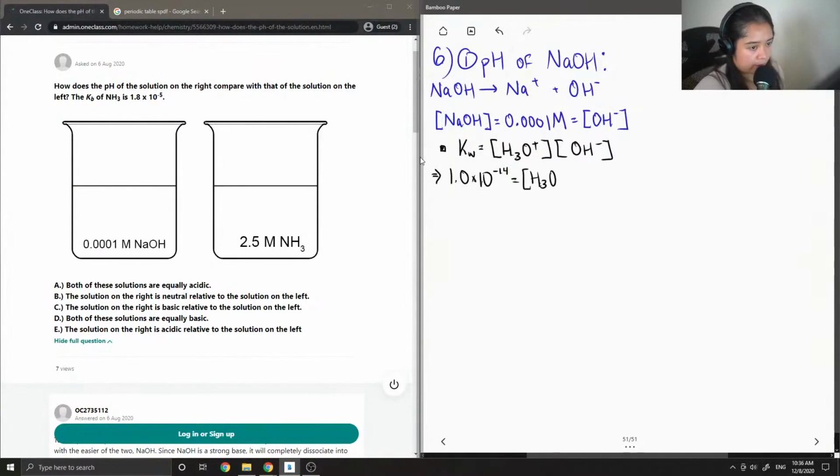And we are looking for the concentration of H3O plus. And we know the concentration of hydroxide, which is 0.0001 moles per liter. So then we can just solve for the concentration of H3O plus, which is just 1 times 10 to the negative 10.